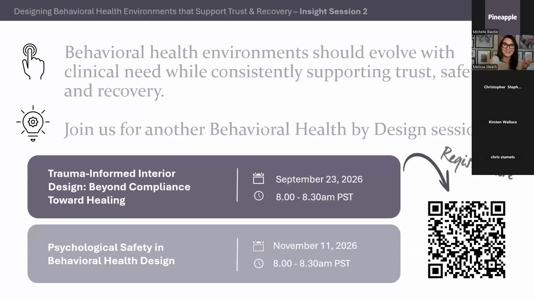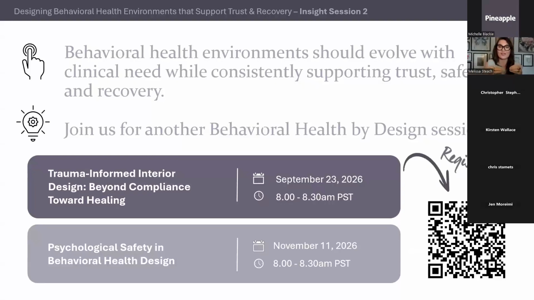Now, in our next Insight series, Trauma-Informed Interior Design, we'll shift our focus from where care is delivered to how that environment is experienced. We'll explore how design can influence stress, emotional regulation, perceived safety, and the everyday experience of the patients, families, and staff.